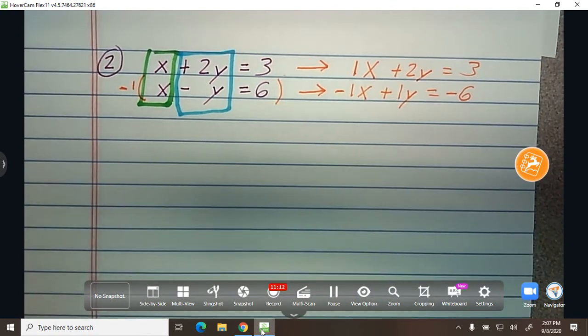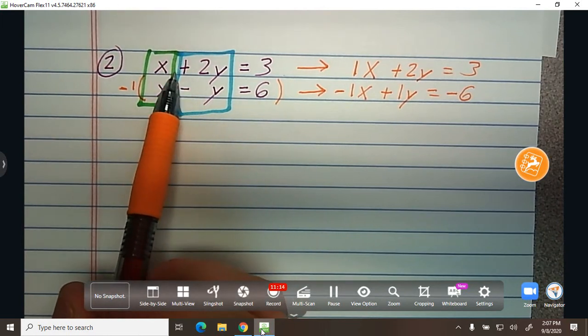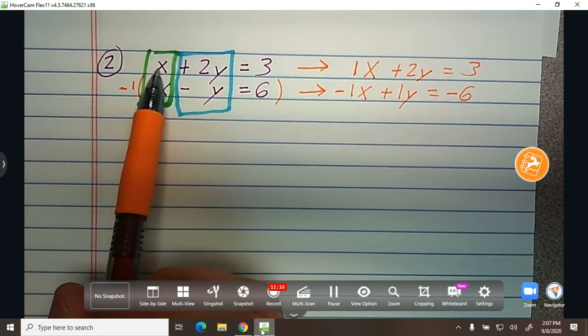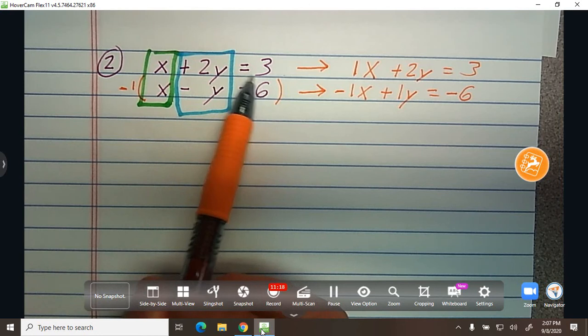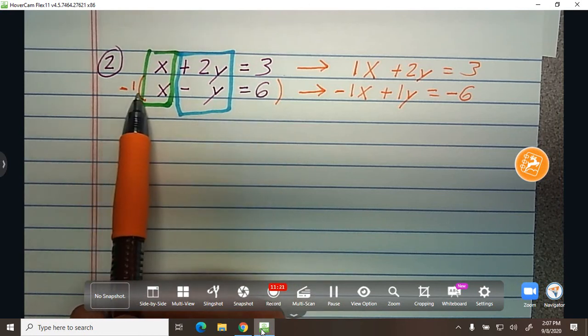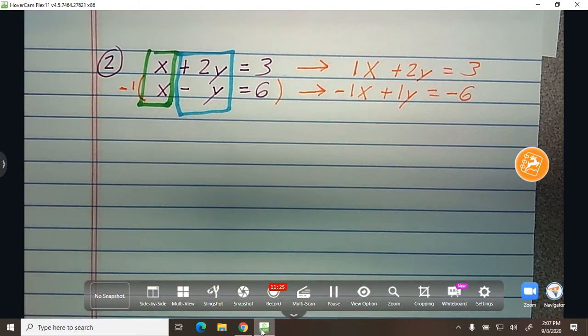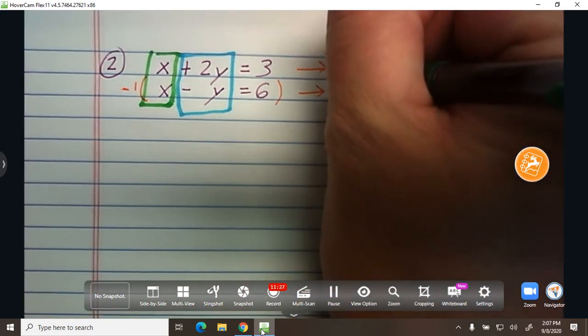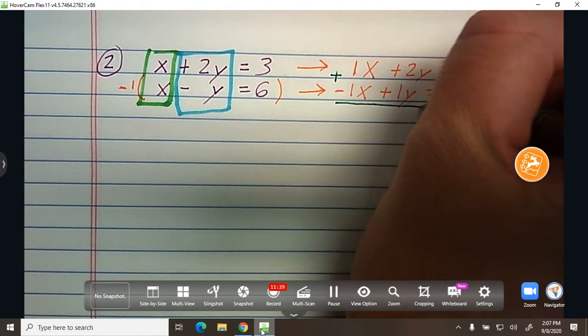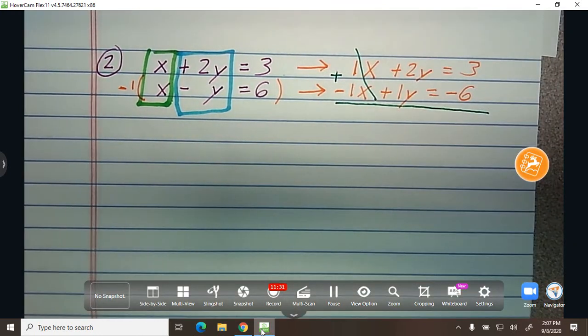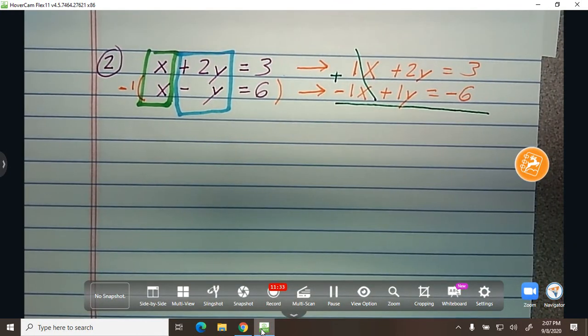So all I've done so far is I chose, and again there's many different methods, I chose to keep the first one the same, and I chose to multiply the second one by negative 1, and now when I add these, the x's eliminate. They're gone, which is called elimination.